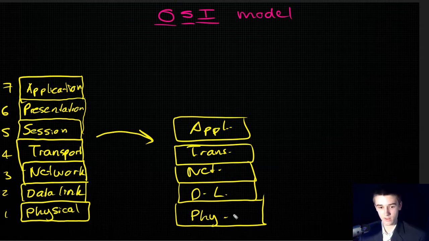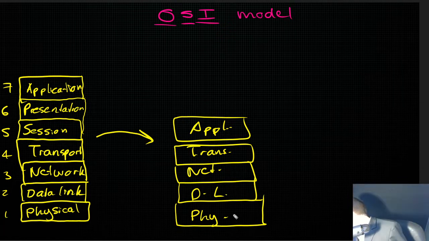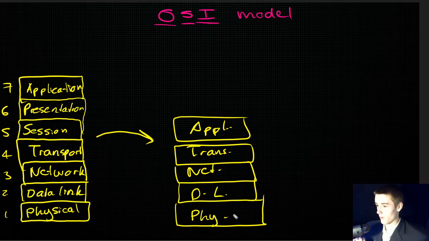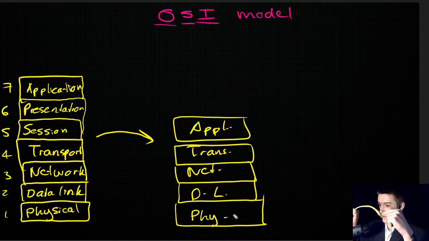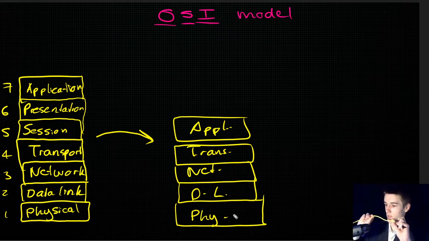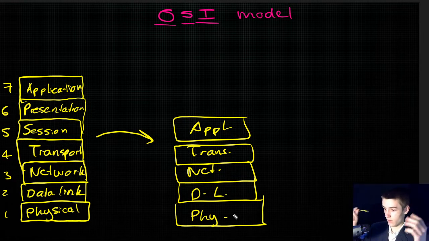This layer is pretty easy to get your head around. Here I've got a bit of network cable, and by alternating a current, data goes across this cable. This is the stuff you see at the physical layer. It's the real stuff you can feel, the radio waves. So that's the physical layer.